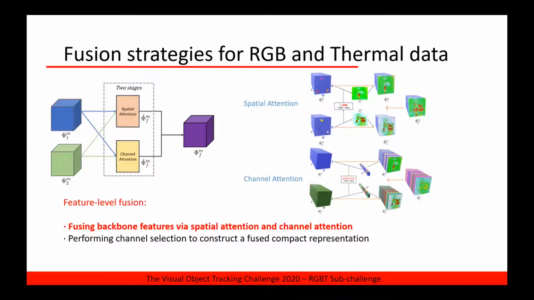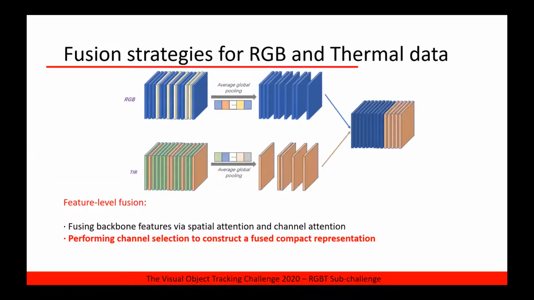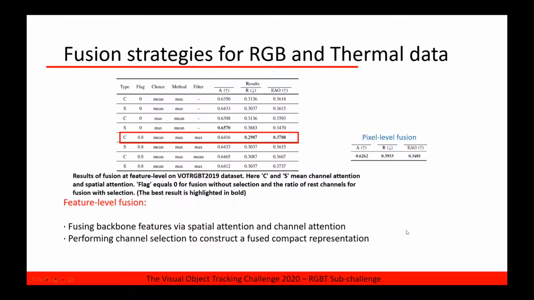Besides, in the feature level fusion stage, we also proposed to perform channel selection to better highlight the discriminative channels. From the table, we can find that feature level fusion outperforms pixel level fusion, and the proposed channel attention, spatial attention, and channel selection strategies can further improve the performance.